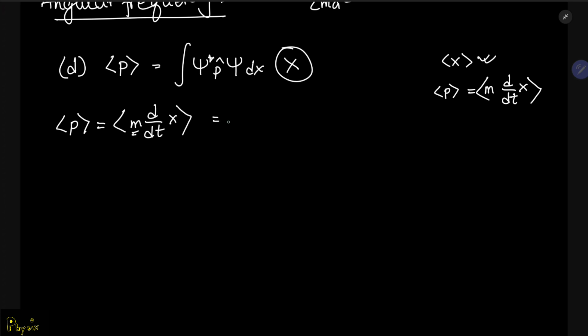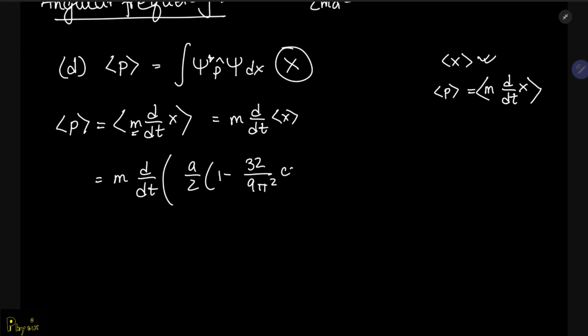And since m of the particle is constant, we can bring it outside, and we have that this is m times the first derivative of the expectation value of x, right? So by doing further algebra, we get that this is m d dt of the expectation value of x, and the expectation value of x is a all over 2, 1 minus 32 all over 9 pi squared cosine of 3 omega t, right? And you can of course bring the a all over 2 outside since this is a constant, and you have ma all over 2 times the derivative of the term that is inside.